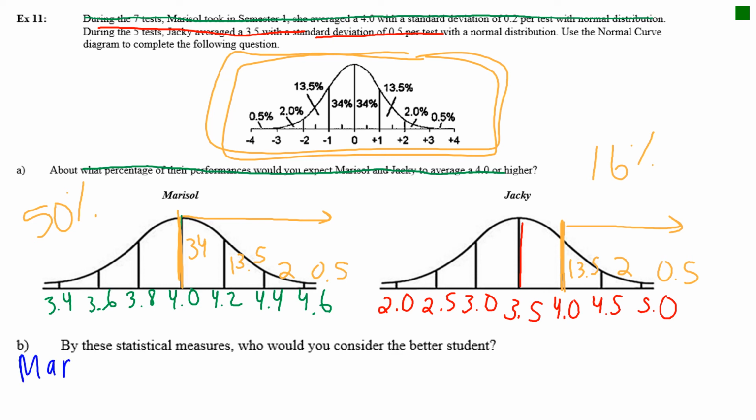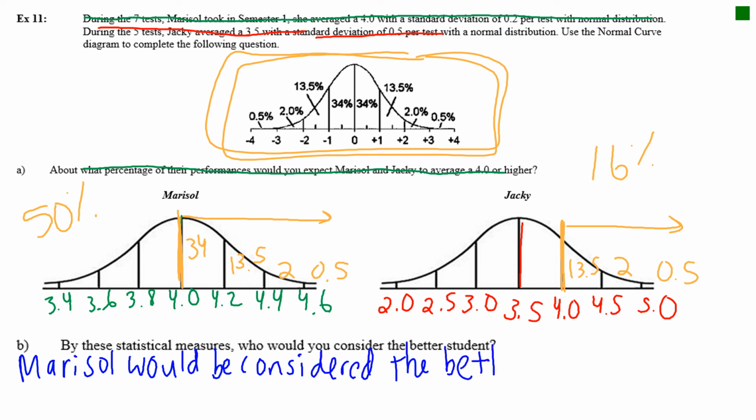Marisol would be considered the better student because she has a higher percentage of scoring a 4.0 or higher.